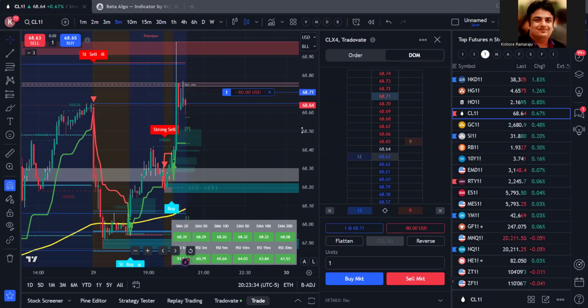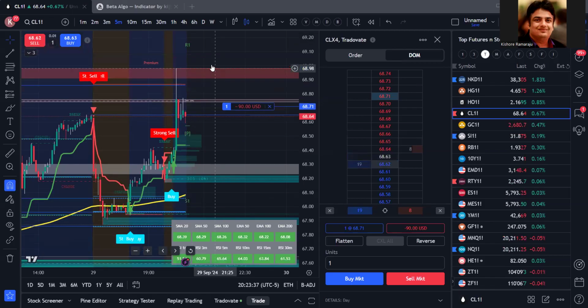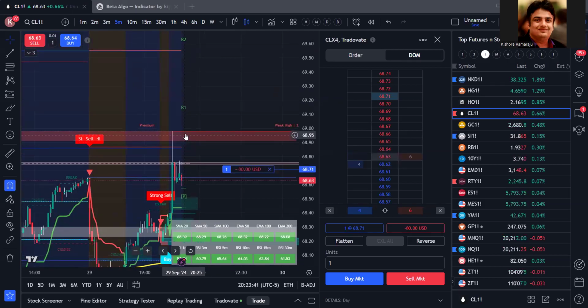Here, waiting for crude oil to move to 69 is our target one. If it breaks 69, then it can go to 69.15, 69.55.